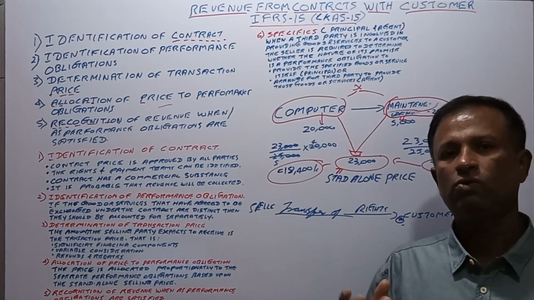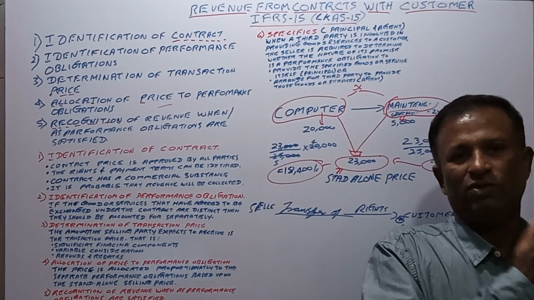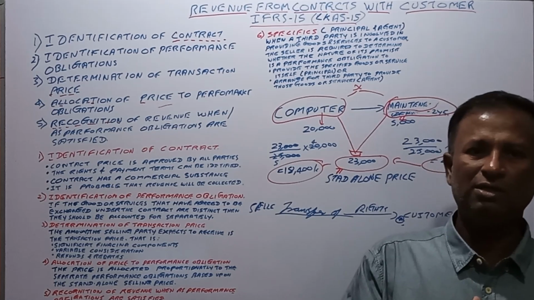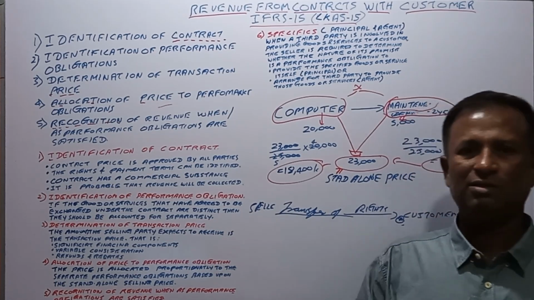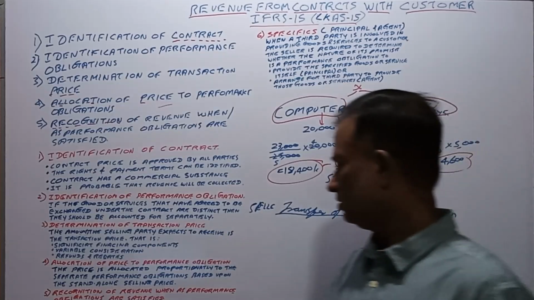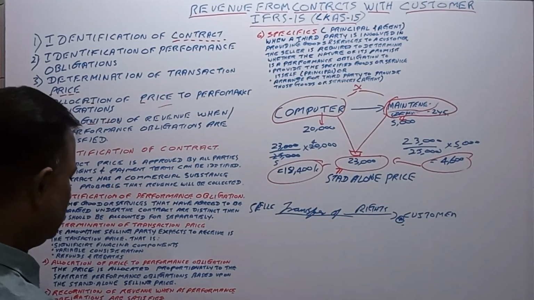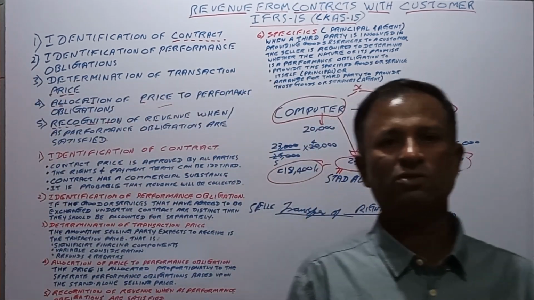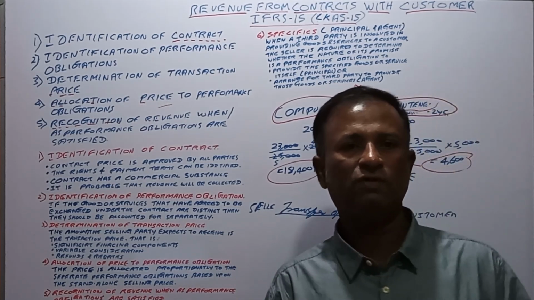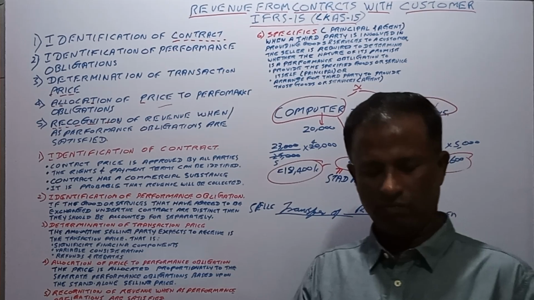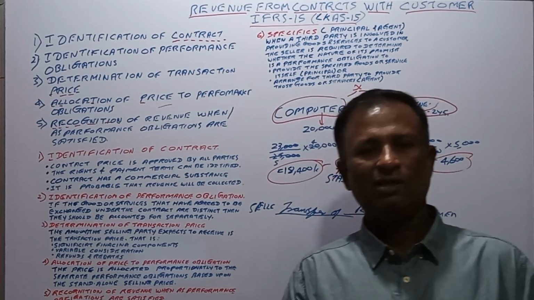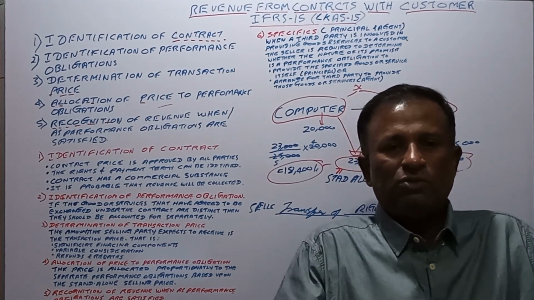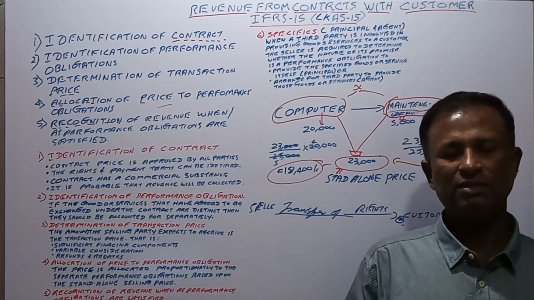He is still possessing the asset. So risks and rewards are transferred from the seller to the customer when you transfer the legal title and give possession to the buyer of the asset.